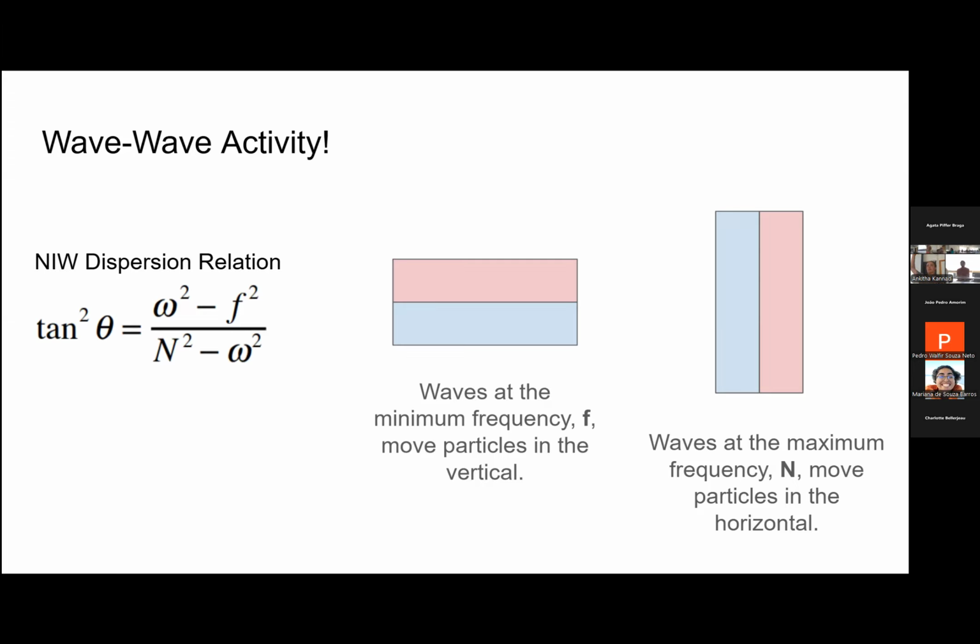You're a particle, you move up, the water is less dense, so you want to sink, and then you sink and the water is more dense, so you want to go up. So that's this opposite case. And the spectrum in between these is where all the internal waves exist. So for the purposes of this activity, think of these horizontal lines as the lowest frequency and these vertical lines as the highest frequency.